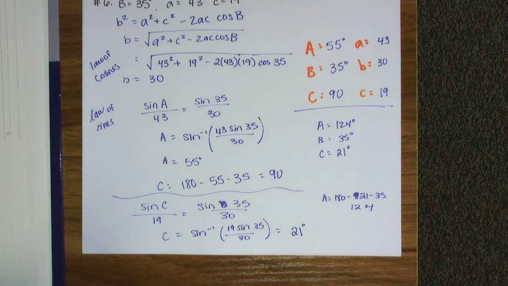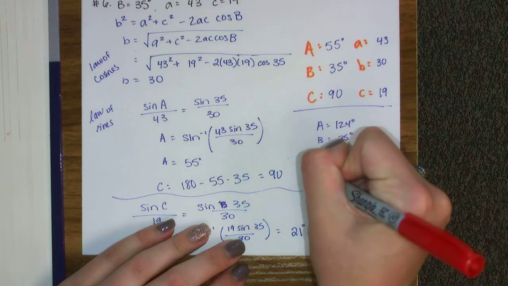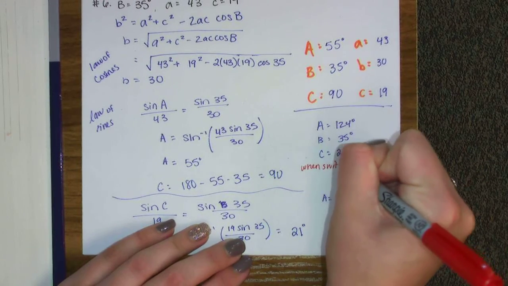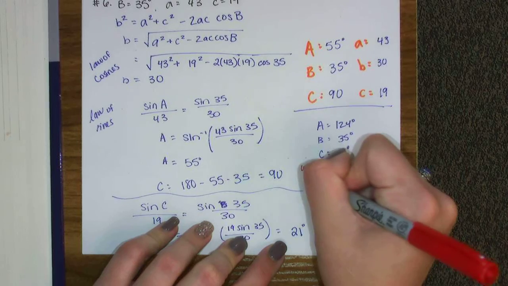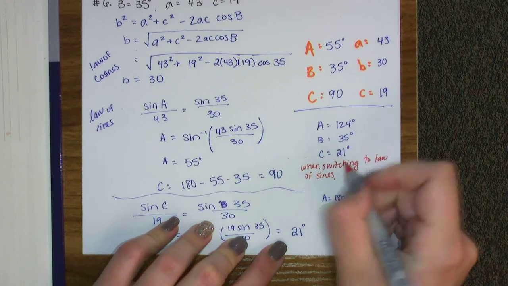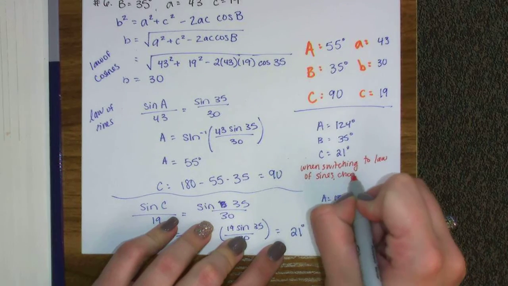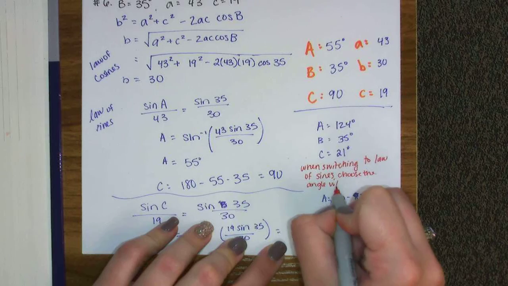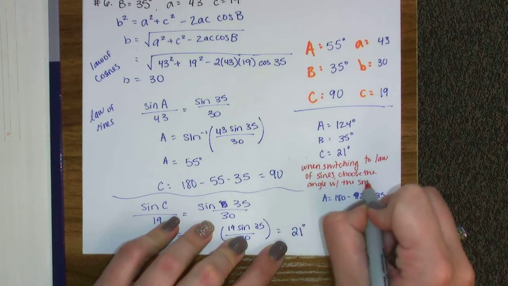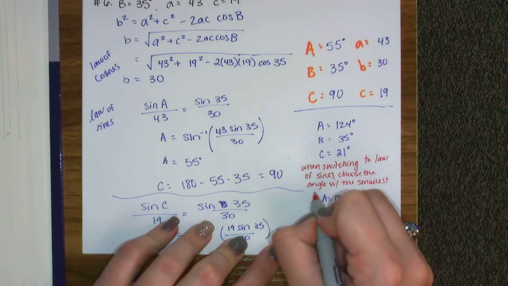So, when switching to the law of sines, choose the angle with the smallest side length.